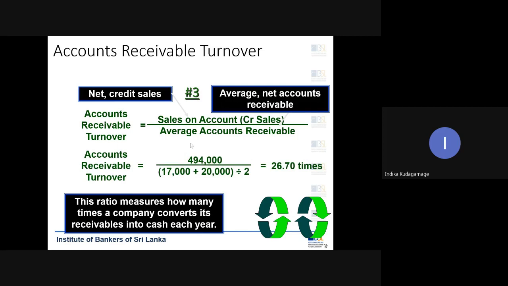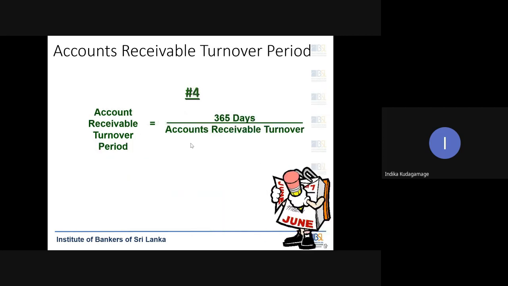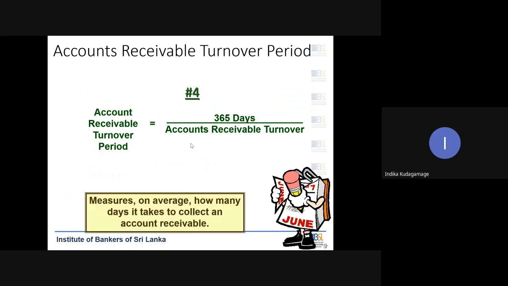You can work this out from the figures we have given. Account receivable credit sales is 490, opening and closing balance 17 plus 20,000 divided by 2. Turnover period is 1 upon account receivable turnover into 365. On average, how many days does it take to collect an account receivable?